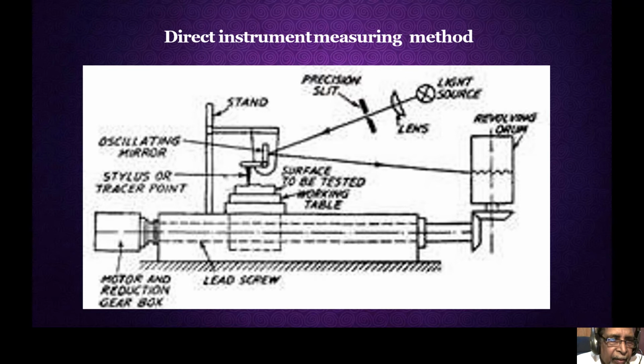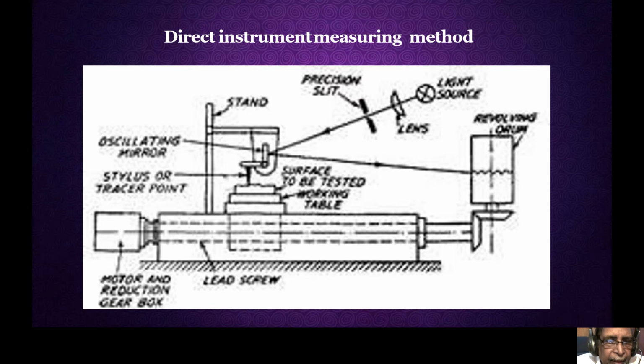And you can see here at the left side, there is one stand. And there is one oscillating mirror over the stand. And at the bottom, there is a stylus or tracer point.